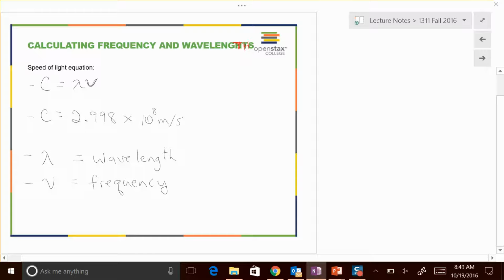Okay, so this is the equation, the speed of light equation. C stands for the speed of light. All waves travel at the same speed, the speed of light, because they're massless, they can do that.